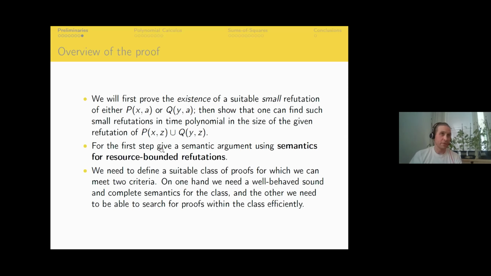This given refutation contains all the necessary information so that we can define these classes and show that one of the conjuncts must have a refutation within their respective class.